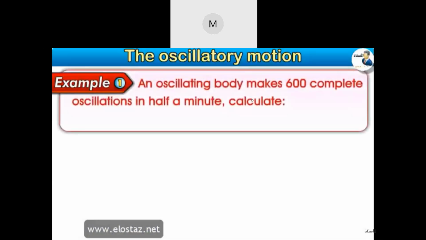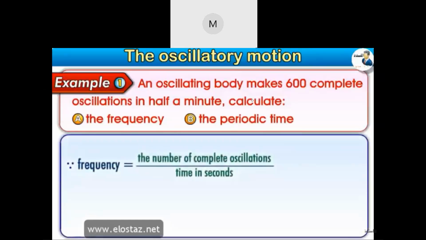Let's now have some examples. Example number 1. An oscillating body makes 600 complete oscillations in half a minute. Calculate A, the frequency, B, the periodic time. Since frequency equals the number of complete oscillations over time in seconds, equals 600 over what?